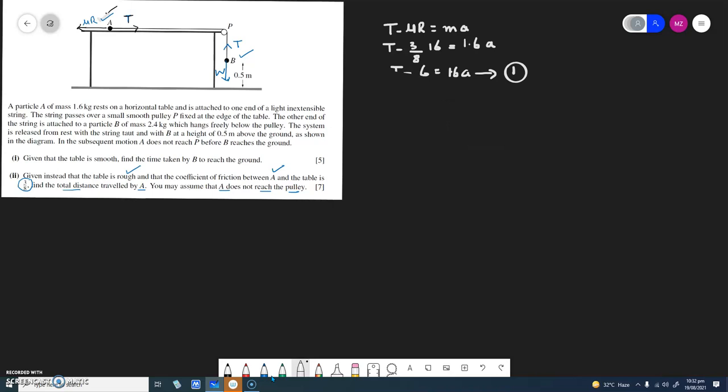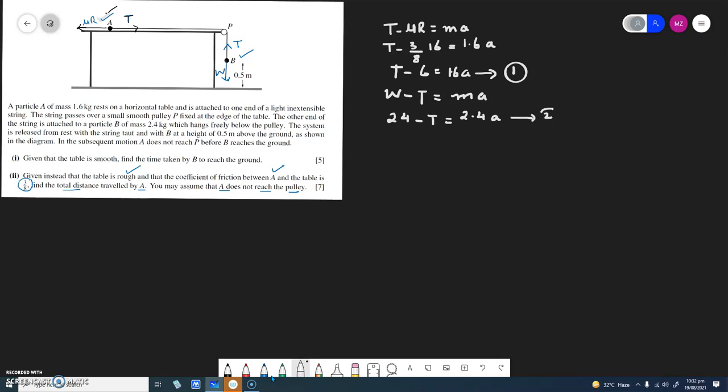Therefore it will be W minus T is equal to ma according to Newton's second law of motion, and W for the particle B, its mass is 2.4, will be 24 minus T is equal to 2.4a. That is equation 2.